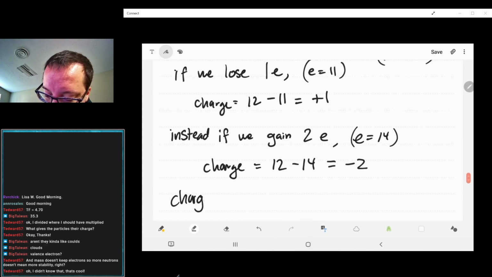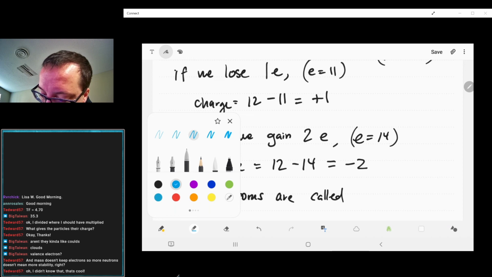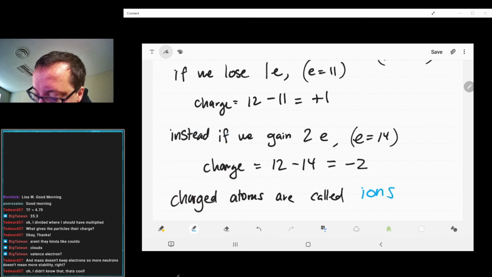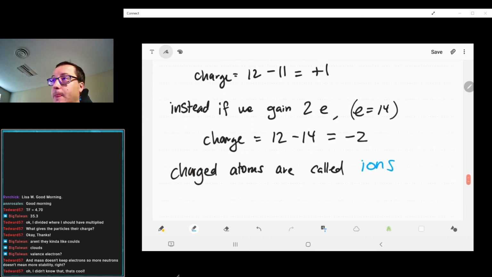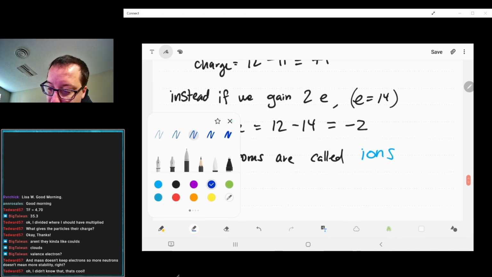Charged atoms are called ions. And specifically, we have 2 types.